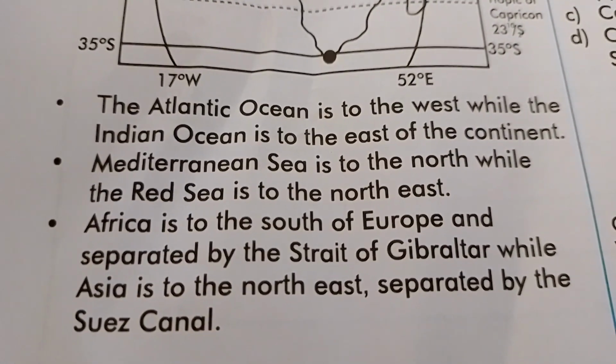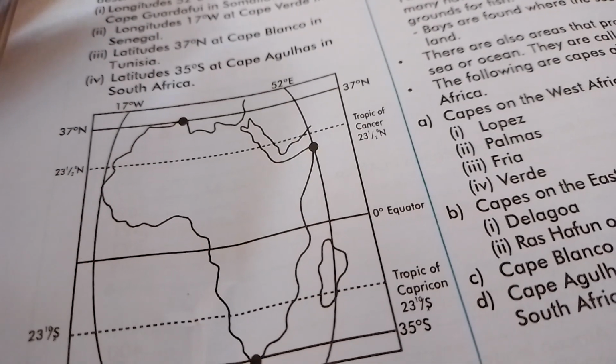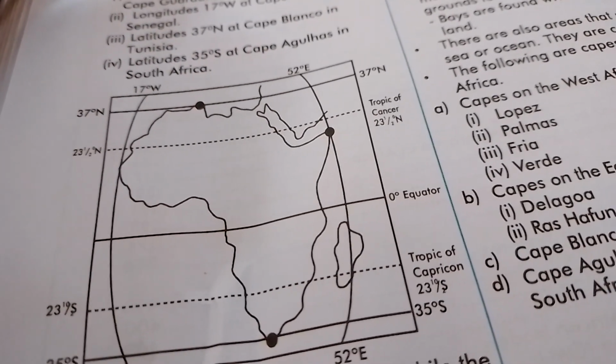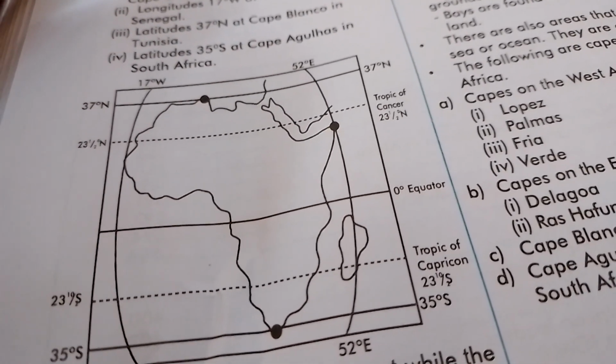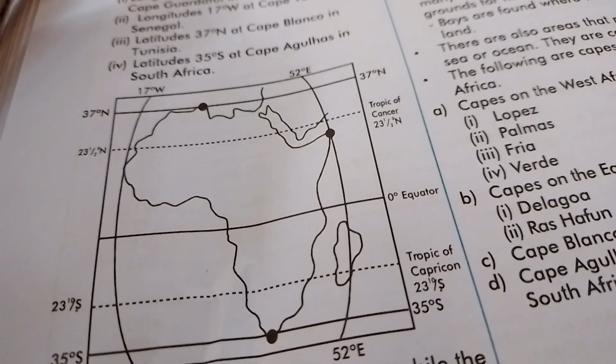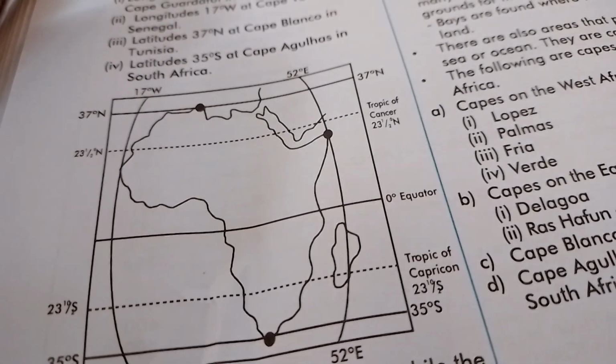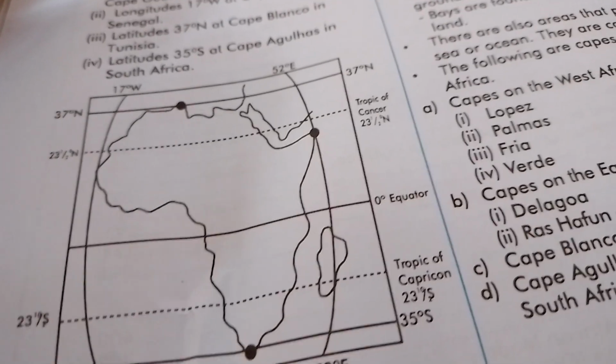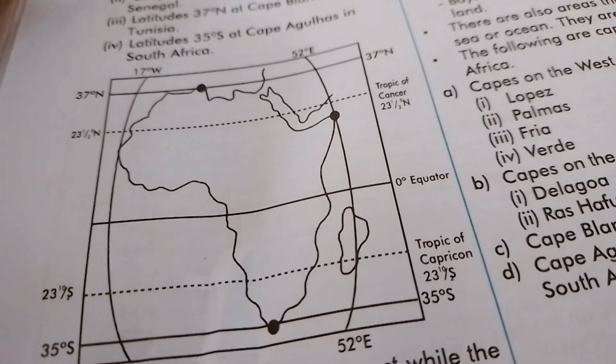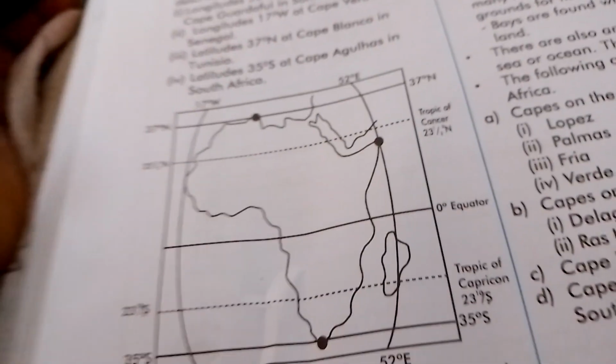Then Africa is to the south of Europe. Europe, remember, is one of the continents in the world. So Africa is to the south of Europe, and Europe is to the north of Africa, of course.